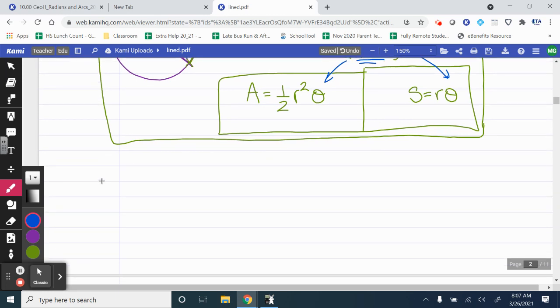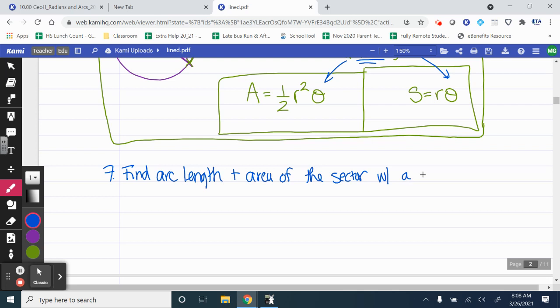All right, so this is number 7. For this one, I want you to find the arc length and area of a sector with a radius of 3 feet and the central angle theta equal to pi over 18 radians.